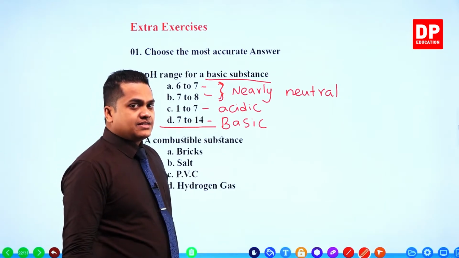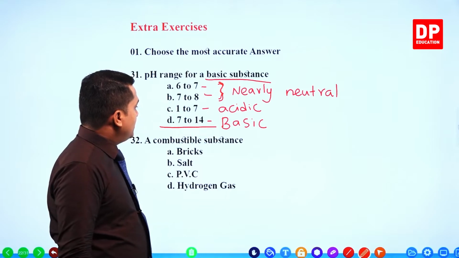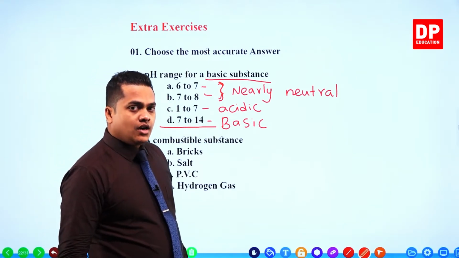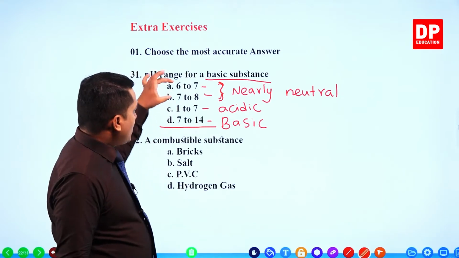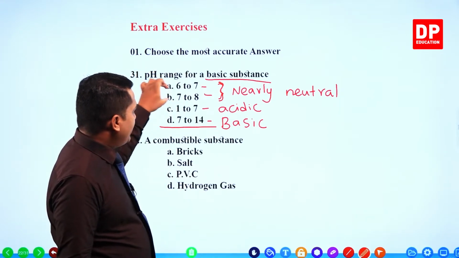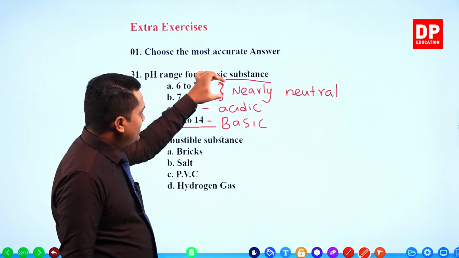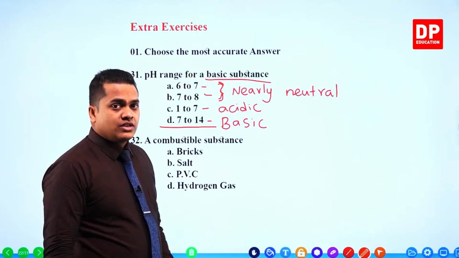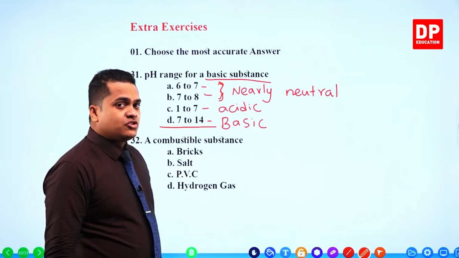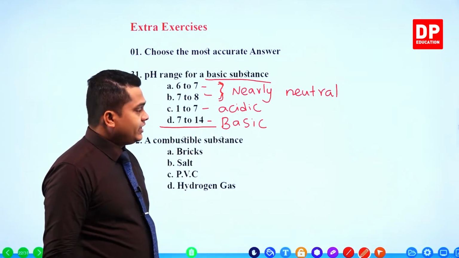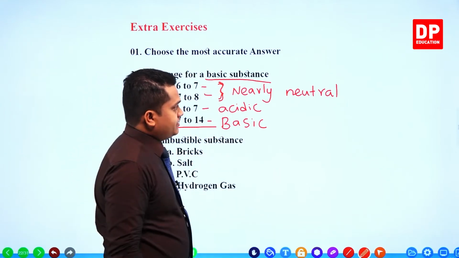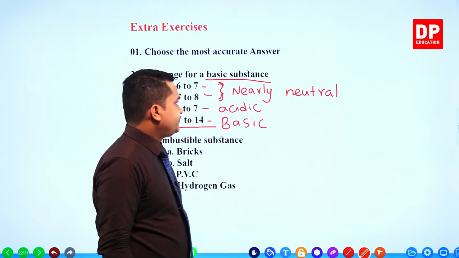If you take a basic substance, the pH range is from 7 to 14, or greater than 14 can also be observed. So you can't take this 7 to 8 region because it is nearly equal to neutral level. So therefore it's wise to use this 7 to 14 region, as it is talking about a basic substance.